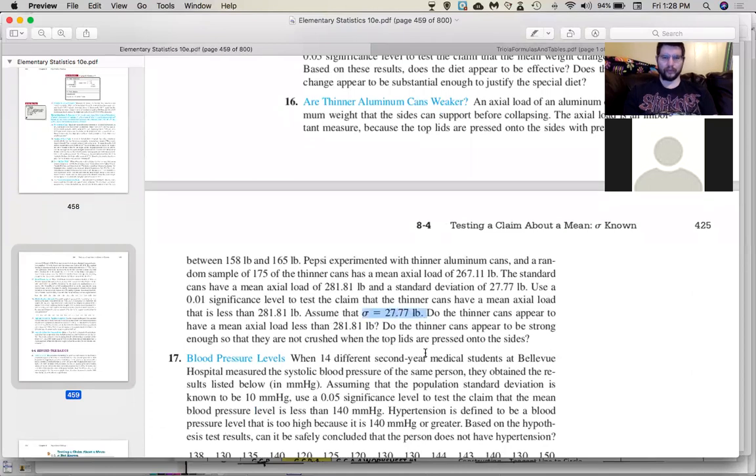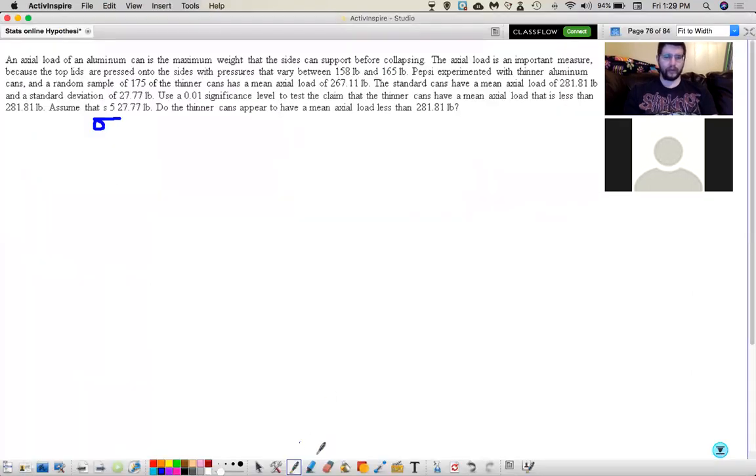Assume that sigma. Yep. Okay. We wouldn't assume the sample standard deviation. We calculate it. That's why I was curious about that. So assume sigma is 27.77 pounds. So that one kind of was a typo, translating from one document to another. Sorry. But this would make it a Z test.